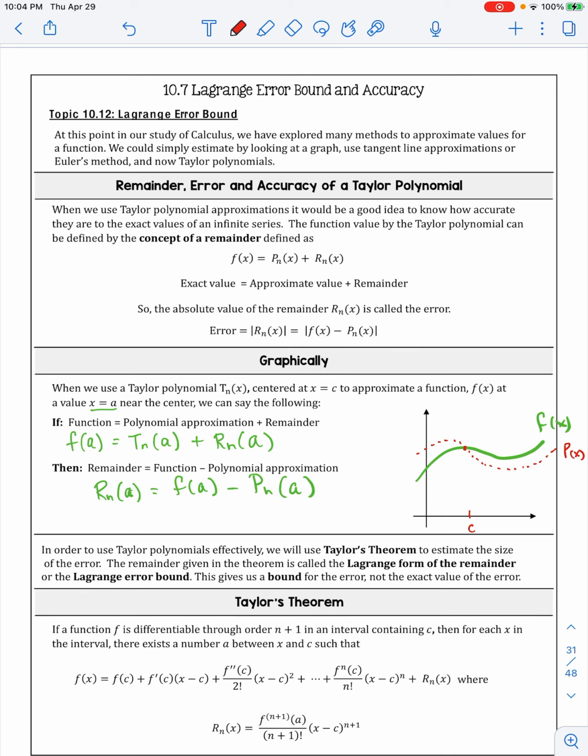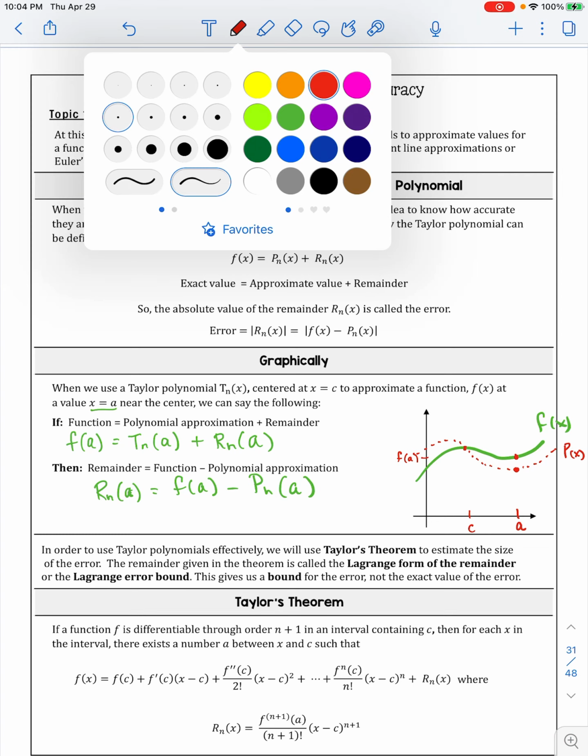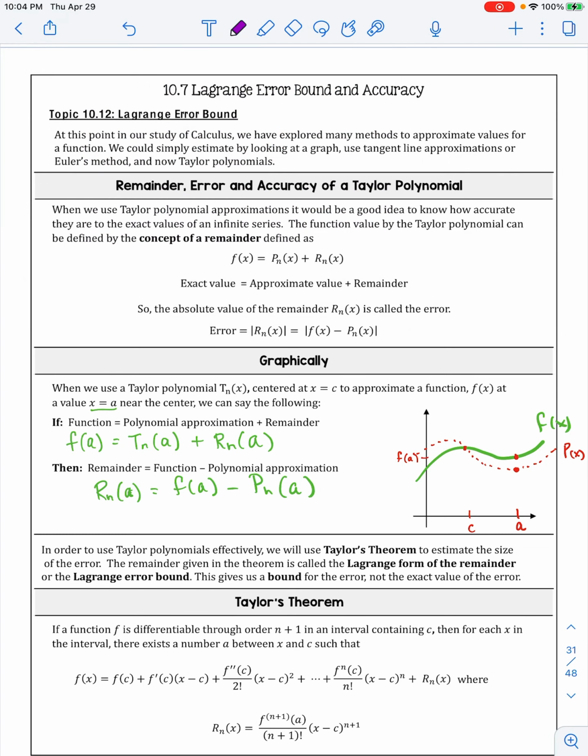We'll call this our P of x for a polynomial. Let's say that this is where our a is, so we're trying to find the function's value at a. This is the exact, so if I follow it over, that's my f of a. This is going to be my approximation using the Taylor polynomial.